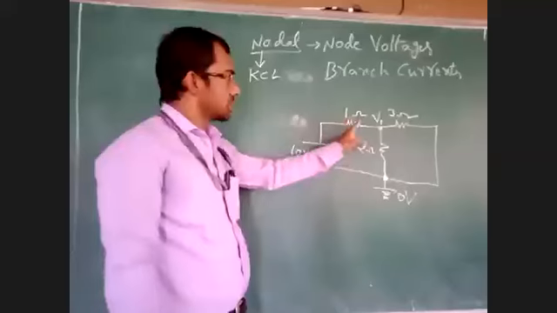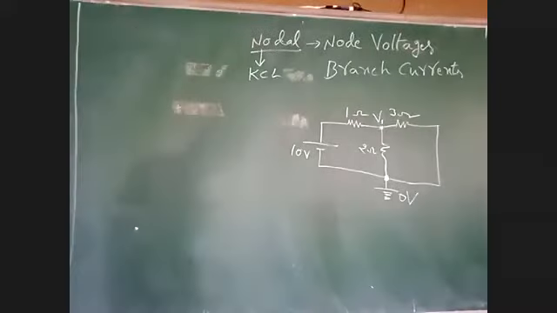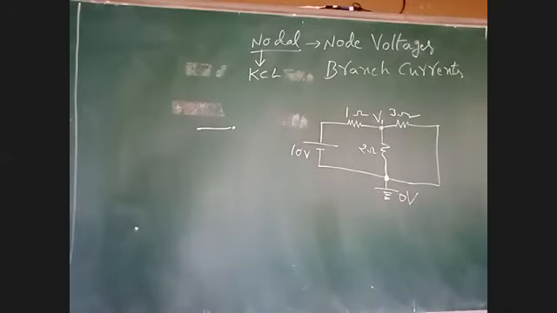What do you mean by branch? The connection between two nodes. A pathway joining two node points. If you have two nodes, the line in between two nodes is called a branch.